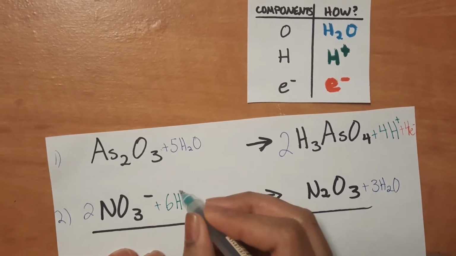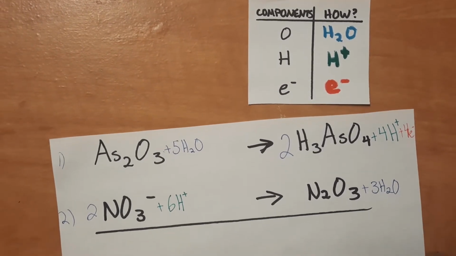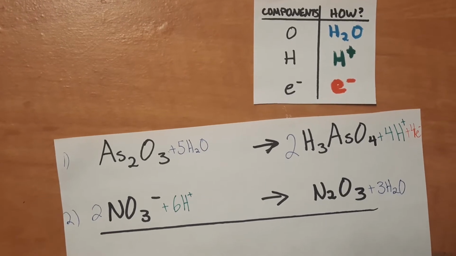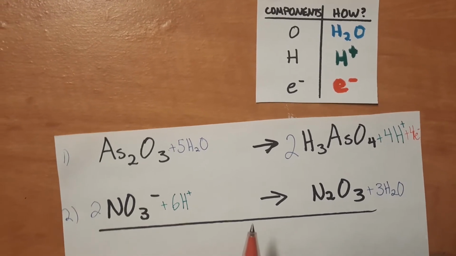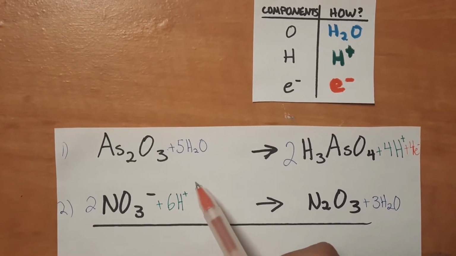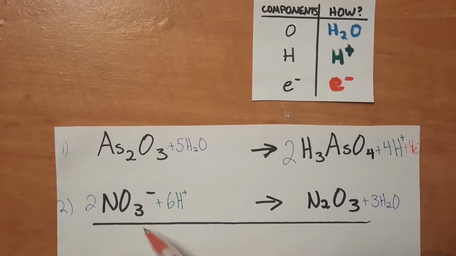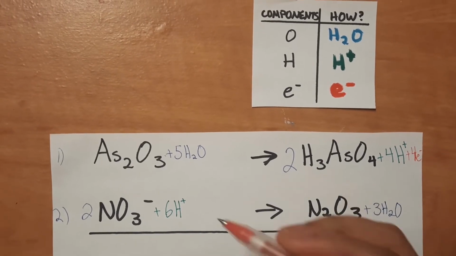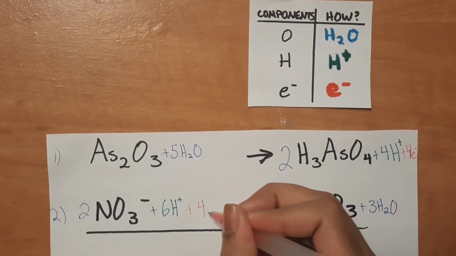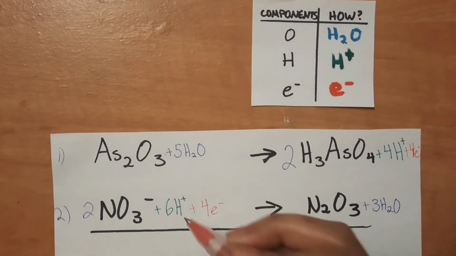Hydrogen ions, so there's a charge. So now we'll balance the charges. The nitrate has a charge of 2 negative. And then there's 6 positive here, making the overall 4 positive. Here the charge is 0, so we need to add 4 electrons to get the 4 positive charge to be neutral.